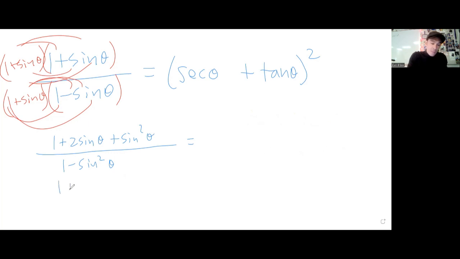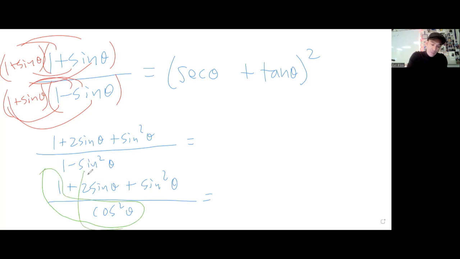So we have (1 + 2 sin θ + sin² θ) over cosine squared. Now, I know this is one fraction, but couldn't we tear up this one fraction into 3 separate fractions, all of which have the same denominator?